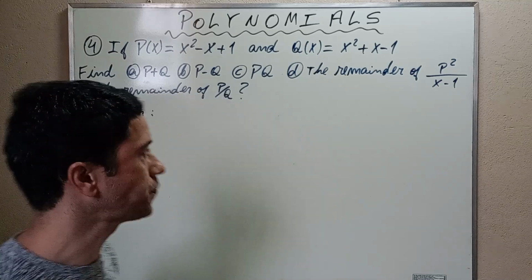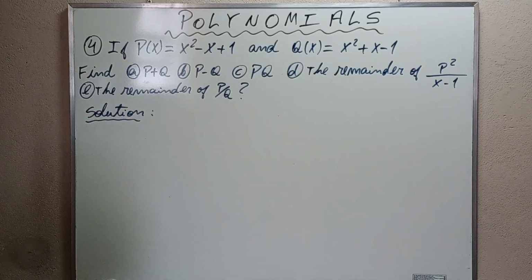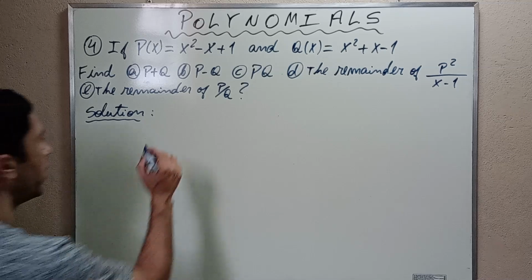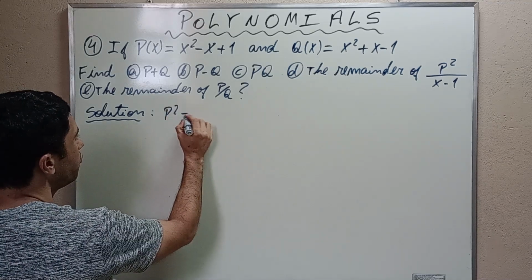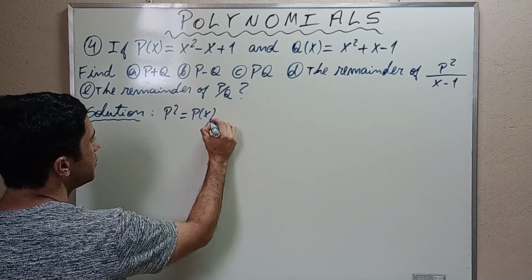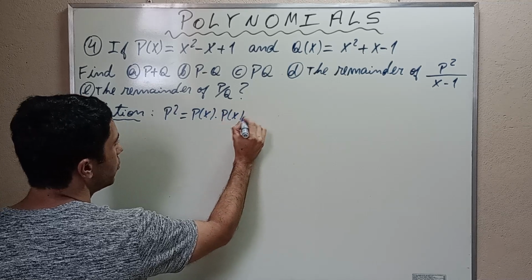Letter D now. The exercise wants us to find the remainder of the division between p squared and x minus 1. Let's do it, but firstly we need to find p squared. P squared is equal to p of x times p of x, okay?